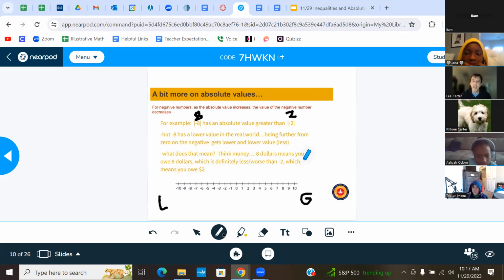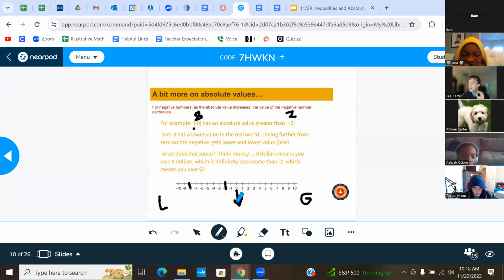So the deal is this: if you have -8, you owe $8. That's worse than owing $2, right? So that's less and that's greater. However, if you're viewing it in absolute value terms, then you're saying that you owe more money because you're farther away from not owing money.